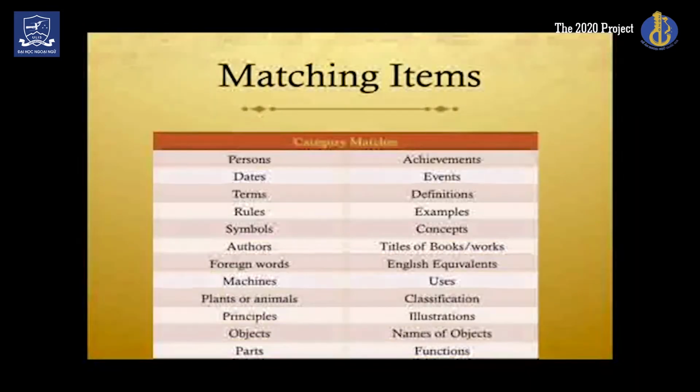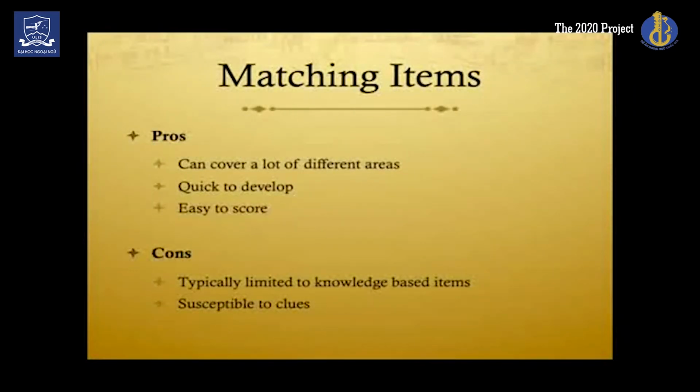If we switch to matching items, you can do a lot of different things with that, right? The good thing about matching is that you can cover a lot of different areas. They're easy to develop, they're easy to score.